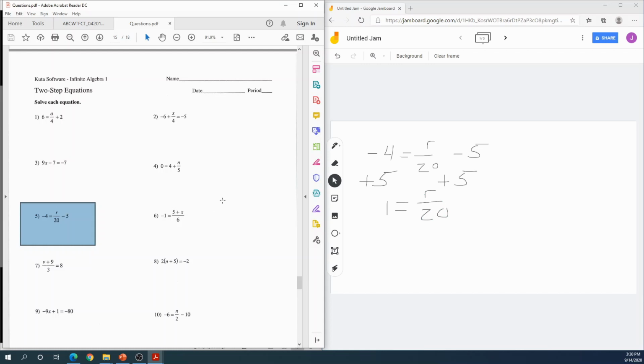So now let's multiply both sides of this equation by 20. So then we get 1 times 20 on the left side of the equation, which is equal to 20. And then r divided by 20 times 20 is just equal to r on the right side of the equation.